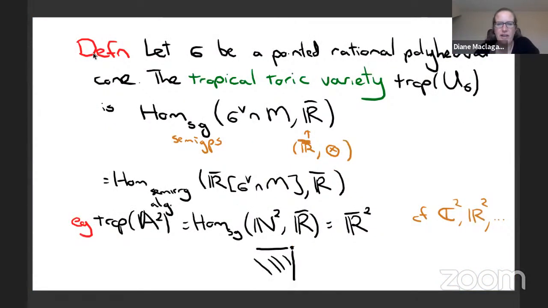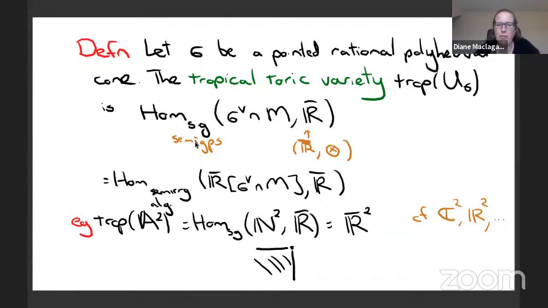Okay. So that lets us make our general definition, which is: if I start with a pointed rational polyhedral cone, like we always do when we're talking about affine toric varieties, the tropical toric variety is going to be just, where I had C on the previous slide, I've replaced it with the tropical semi-ring.